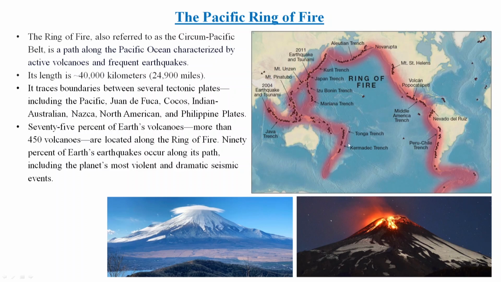So you can see there is a continuous chain of volcanoes along this Pacific Ring of Fire. Apart from that, you can also see other subduction zones like the Java Trench, or the group of islands that make up Indonesia, the Java-Sumatra chain or trench. There also you will get a series of volcanoes.